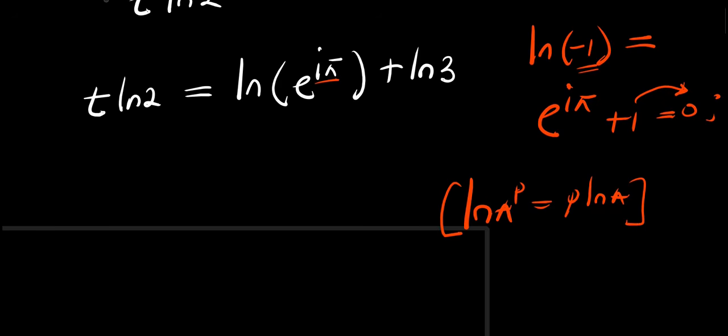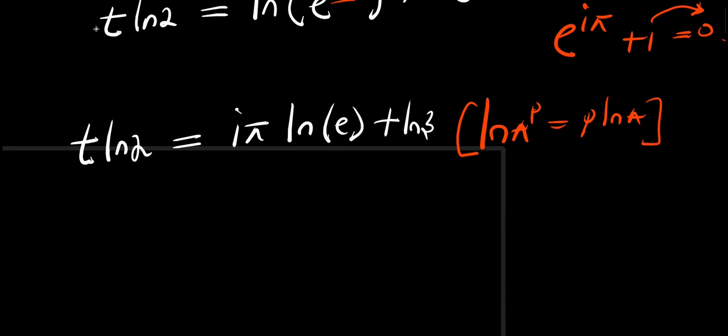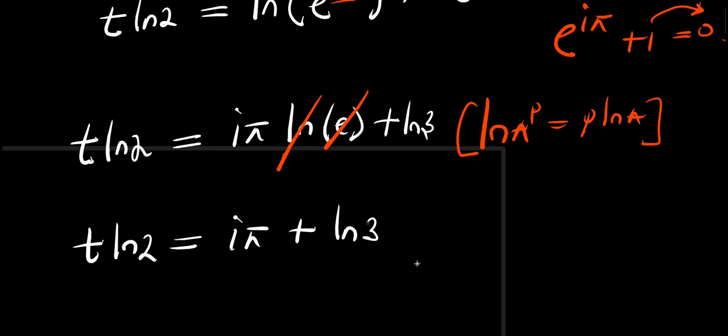This comes behind that. I have t natural log of 2 equals i times pi natural log of e plus natural log of 3. This cancels this. I have t natural log of 2 equals i times pi plus natural log of 3.